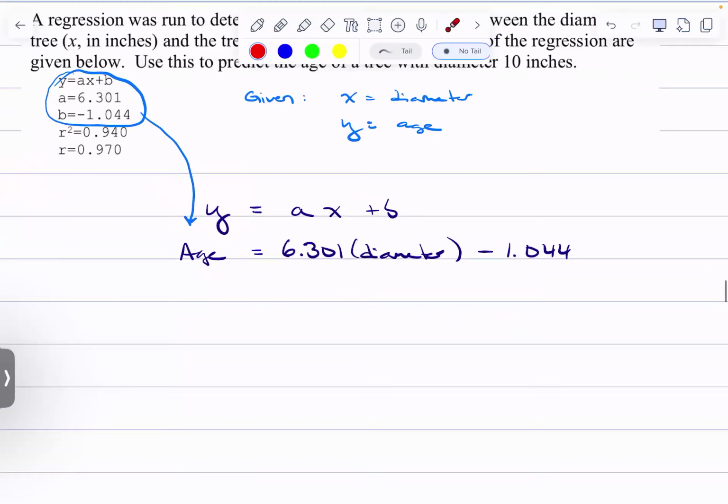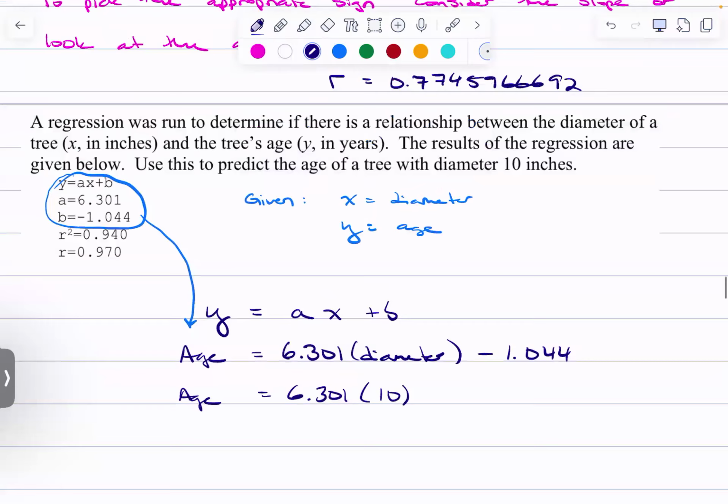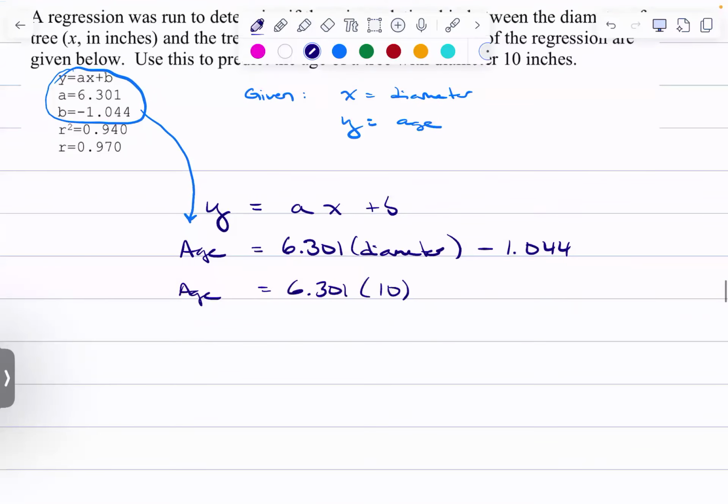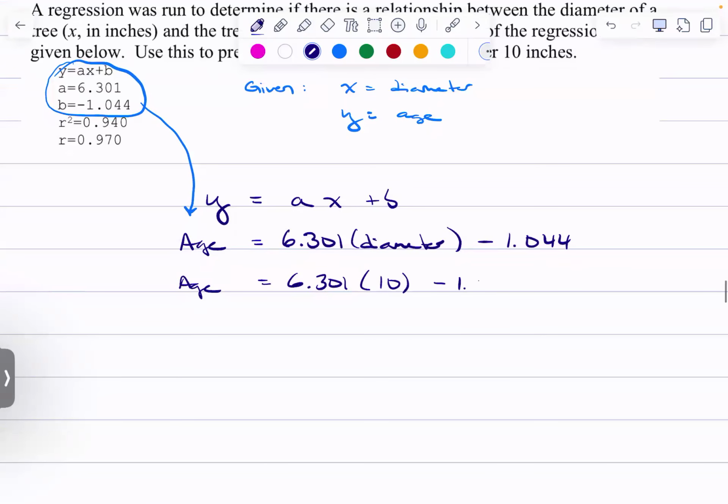And so if the diameter is 10, we can find the age of this tree: 6.301 times 10, in inches, 10 inches. I try not to mix up the units. That'd be rude.